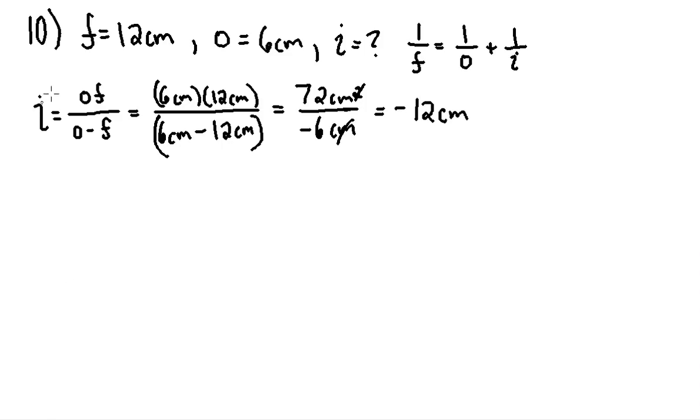So this is A right here. For B, we can use a lot of the same justifications that we already made.